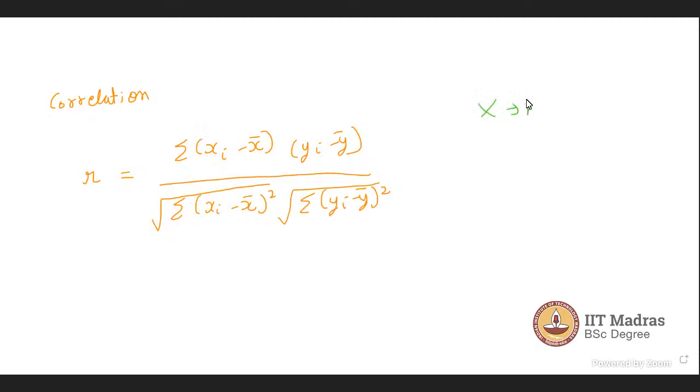Say x is in kilometer, y is in liter. The numerator will be kilometer-liter. Here, under root kilometer square is again kilometer, and under root liter square is again liter. So the unit gets cancelled out. So the correlation coefficient is a unitless measure.